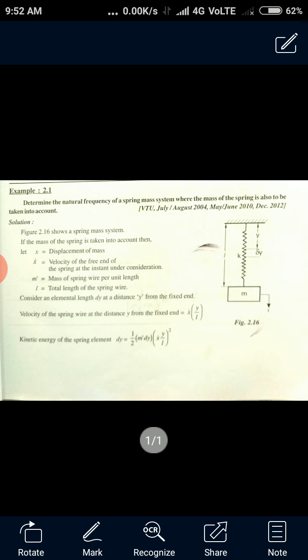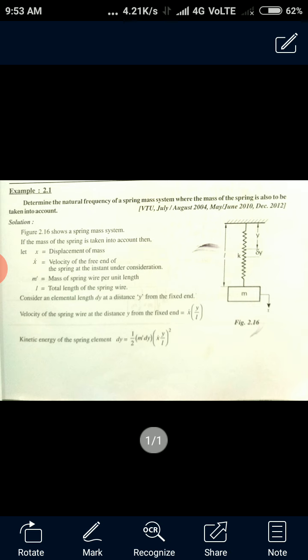Now the kinetic energy of this element dy is given by 1 by 2, since you know that kinetic energy is 1 by 2 mass into square of the velocity. For this element the mass is m dash into dy. M dash is the mass of the spring per unit length, dy is its length, so we get the mass of the spring for the element dy.